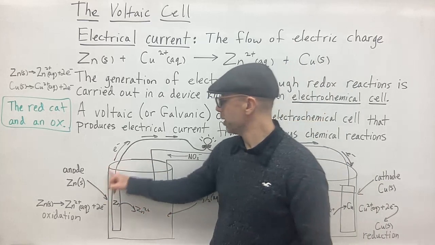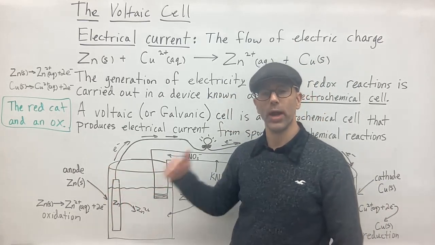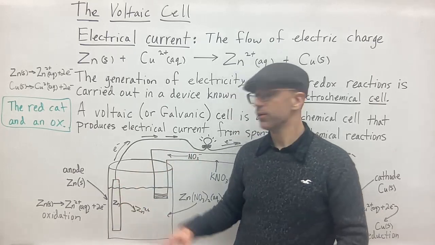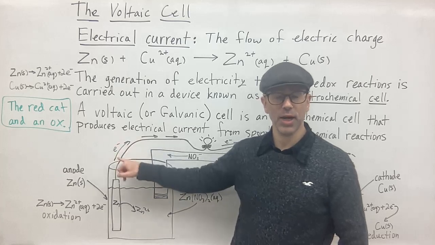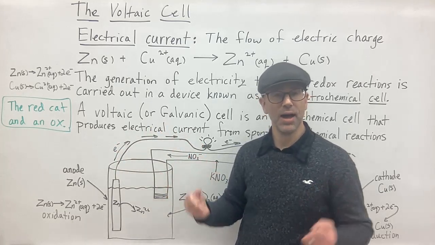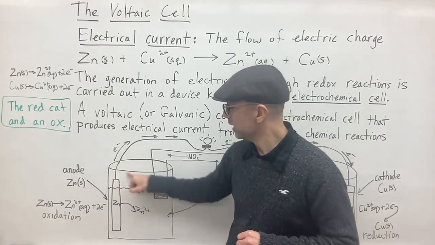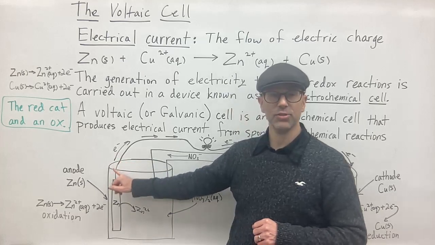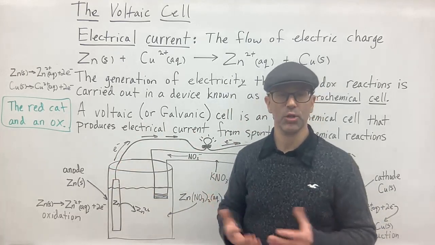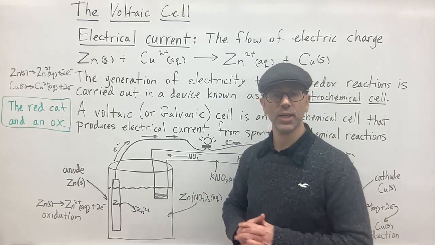And the way you can remember the flow of electrons is that the electrons are always going to be moving away from the negative electrode. Why? Because electrons are negative, and opposites attract, but same charges repel. So if this is the negative electrode, the electrons are going to be moving away from the negative. That might be an easy way to remember the flow of the current.